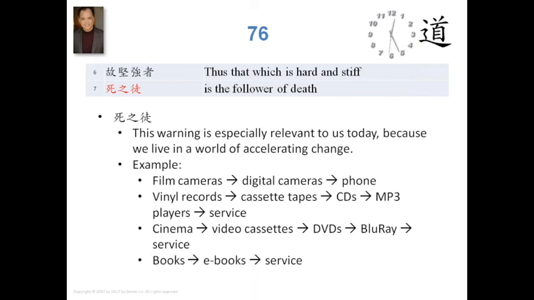And it's the same with books as well. Books go into e-books, and probably in the future, it becomes a service. Subscribe to a particular service and read all the books you want. Any book, big collection, etc. So think about all the changes that people have begun to take for granted, and think about the way it used to be 10 years ago, 20 years ago, 30 years ago.